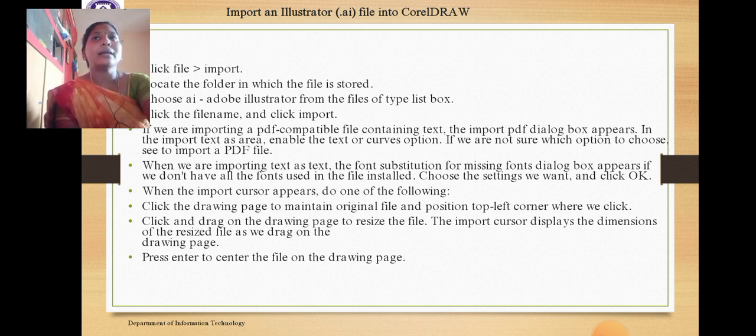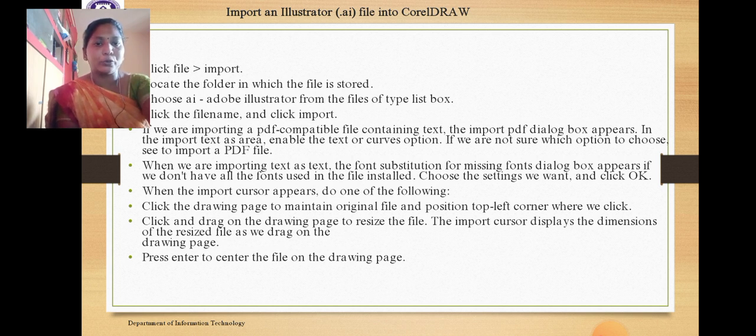First of all, we click File, then choose Import. Locate the folder in which the file is stored. Choose AI Adobe Illustrator from the file of type list box. Then click the file name and click Import. If we are importing a PDF file containing text, the Import PDF dialog box appears.